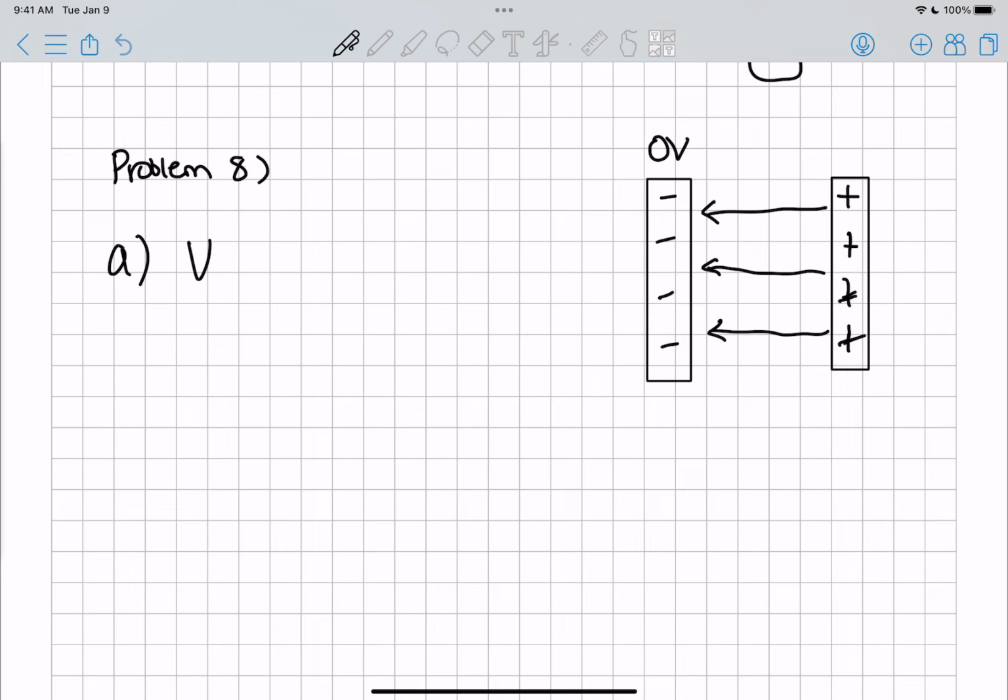Okay. So really, what you have to understand here is when you are looking to calculate the potential at a specific point, at least when you're looking at things between two plates like this where you have a uniform electric field in between, you can't really find the electric potential at a specific point without referencing it to another point.